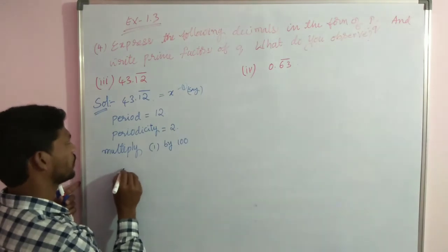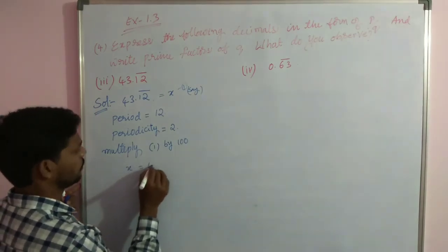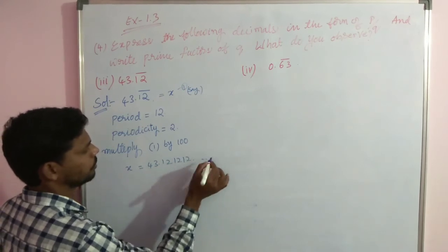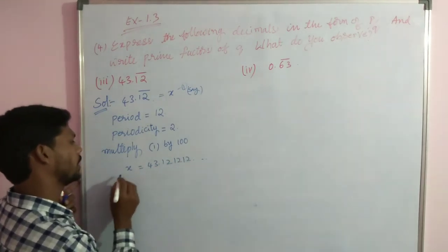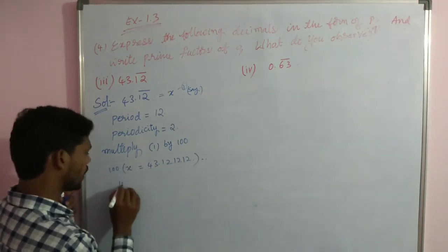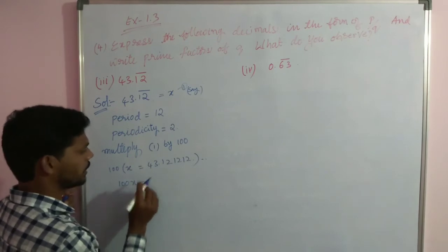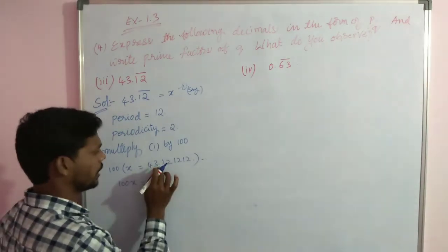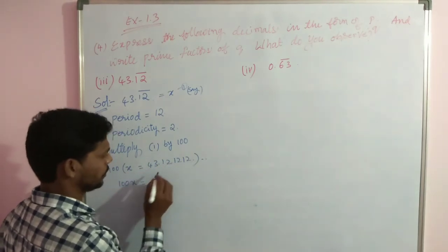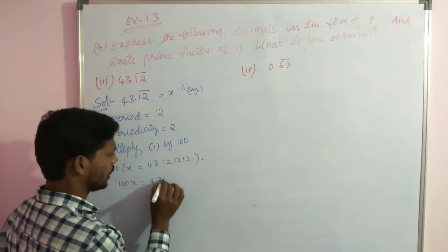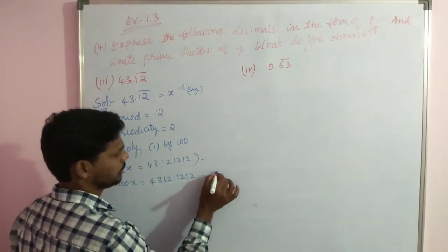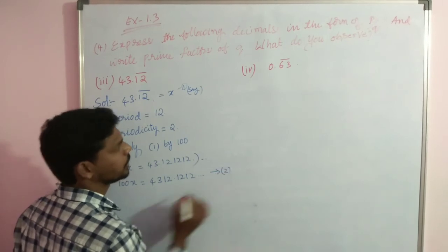So x is equal to 43.12 and so on. If you multiply this by 100, what do you get? 100x on the left side. On the right side, if you multiply with 100, the decimal point moves after two digits, so that becomes 4312.12, which repeats. Take this as equation number 2.